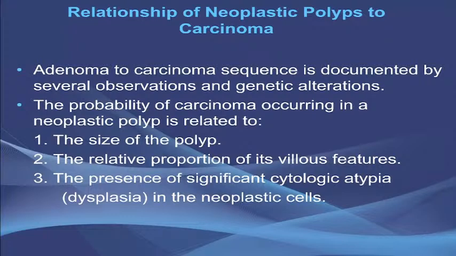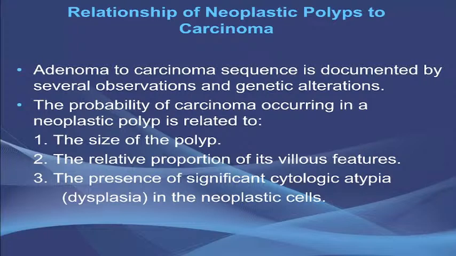So the adenoma-carcinoma sequence is well documented by several observations as well as genetic alterations. The probability of carcinoma occurring in a neoplastic polyp is related to a few things. One is the size of the polyp, and we've already seen that villous polyps, which tend to be larger, have a higher risk of malignant potential or malignant transformation.